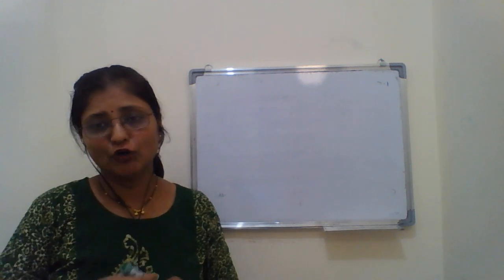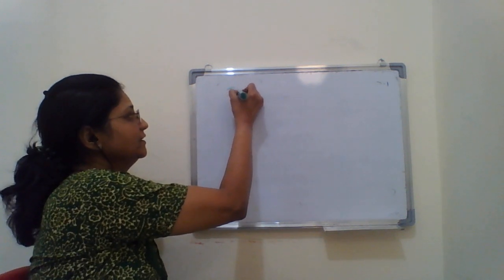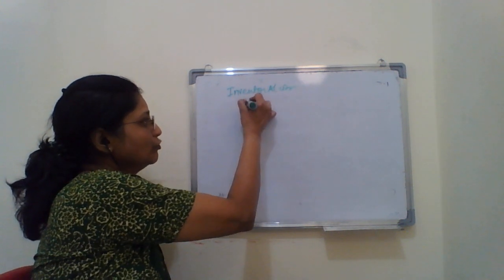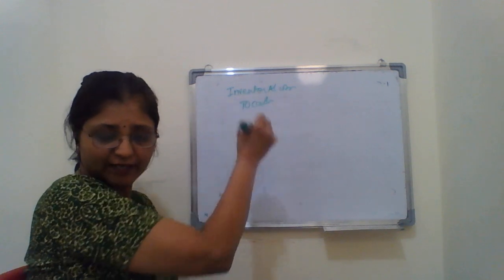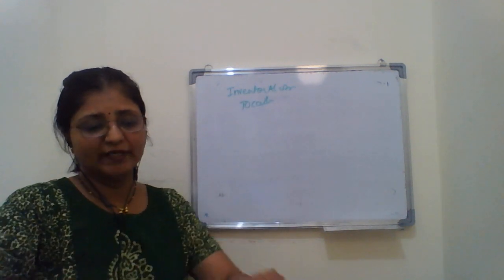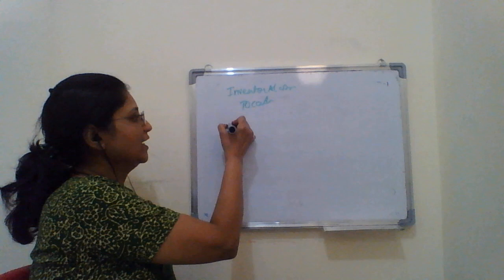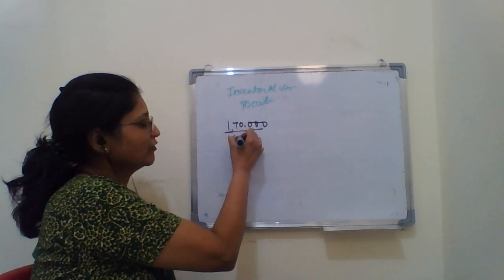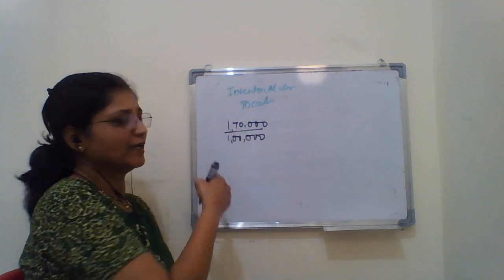So inventory will not be considered. Okay, they have not given any amount, so let us assume quick assets are 1,70,000 divided by 1 lakh. Quick assets are this and current liability is this.